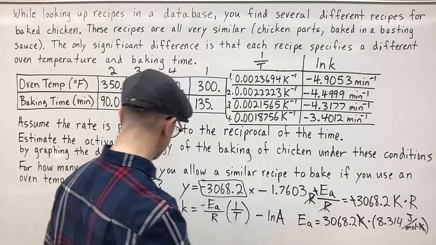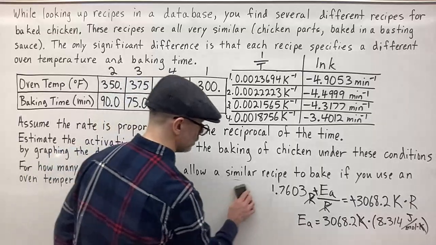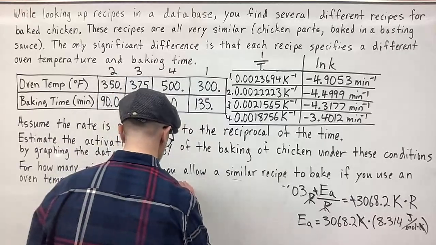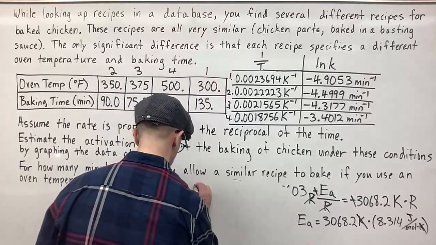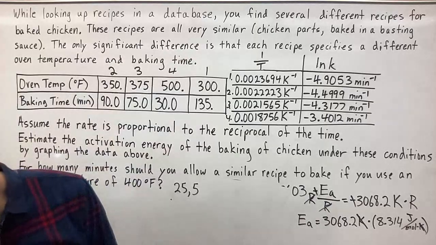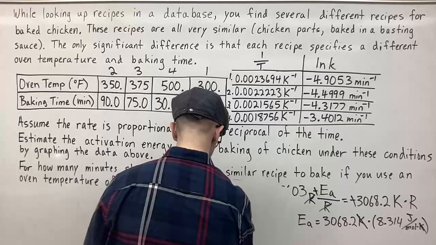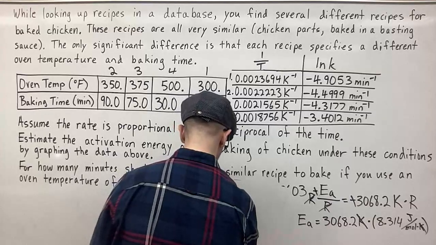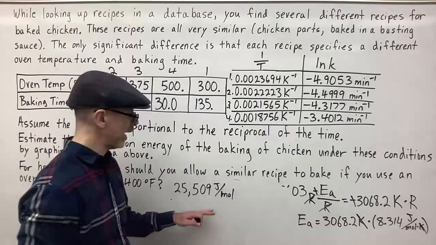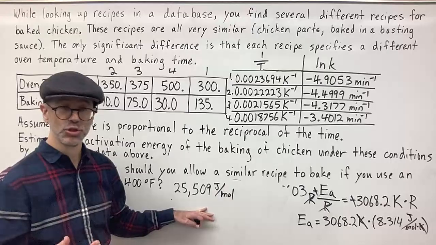And when we calculate that, let me go ahead and erase this to give us some room. When I calculate this, I get 25,509 joules per mole. And of course, typically your activation energy is in terms of kilojoules.